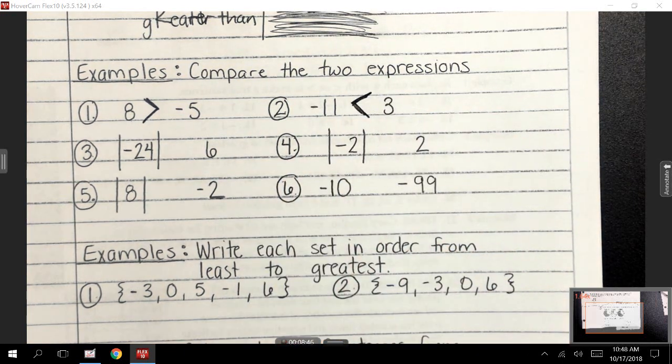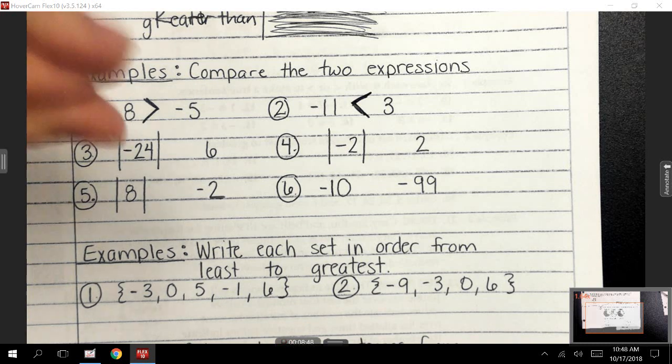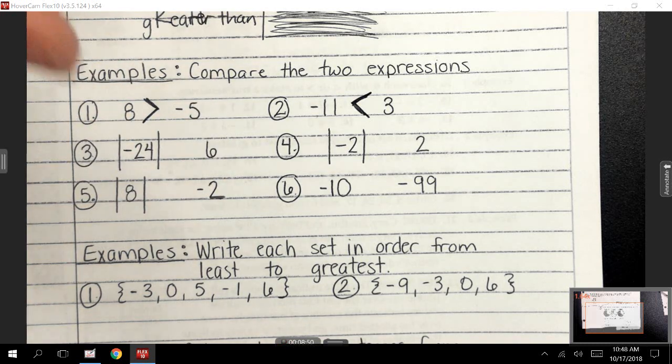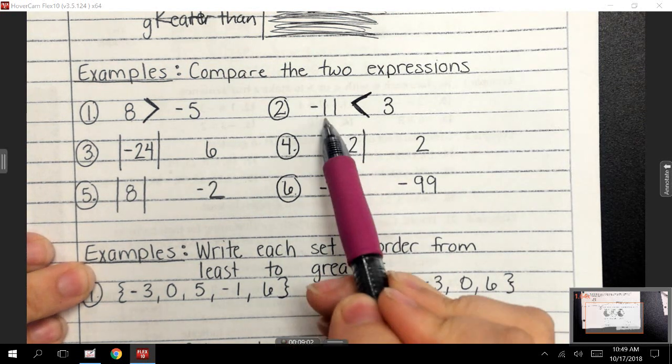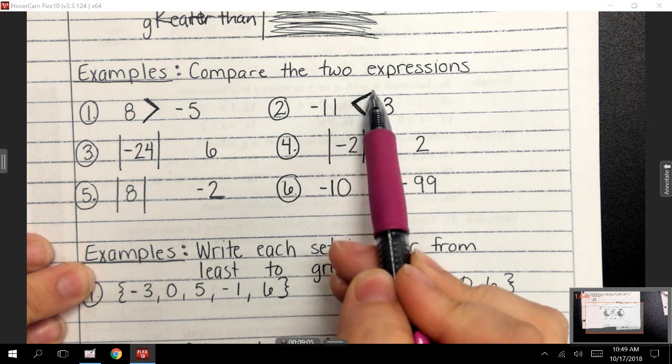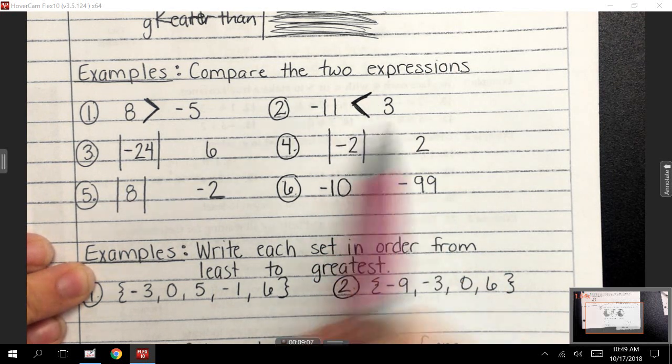So again, when you're writing that symbol, if you just want to make sure that alligator is eating the 3, that's awesome. Tony, don't work ahead of me. I see you, okay? If I just want to remember that alligator is eating the 3 because it's positive and it's bigger, that's good. But now when I read the sentence to my math teacher, I'm going to read it as negative 11 is less, because it's pointing to the left, than 3.